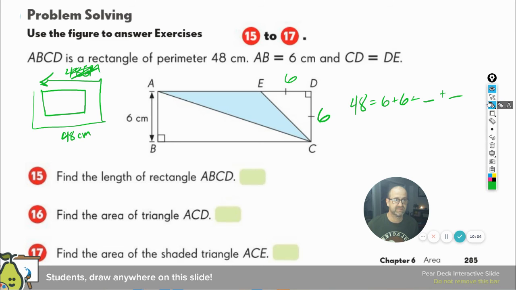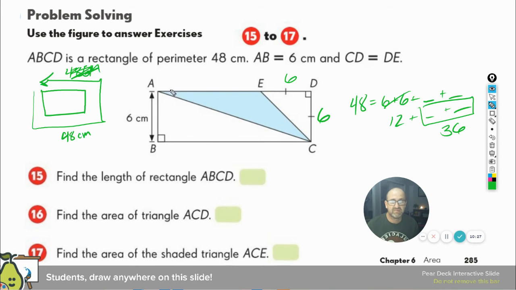What's 6 plus 6? Yes, it's 12. So 48 is going to equal 12 plus blank, right? 48 minus 12 is going to be 36. So my blank plus blank is 36, or my two sides here are going to add up to 36.